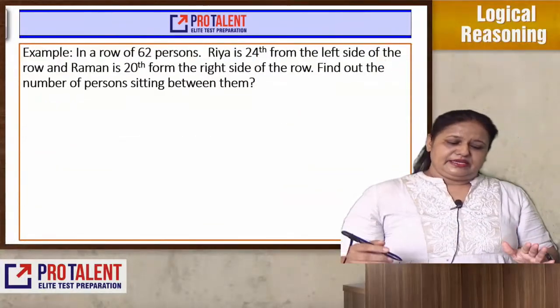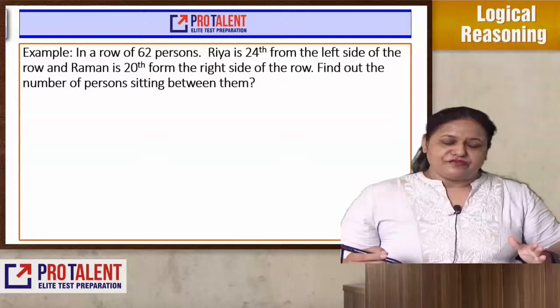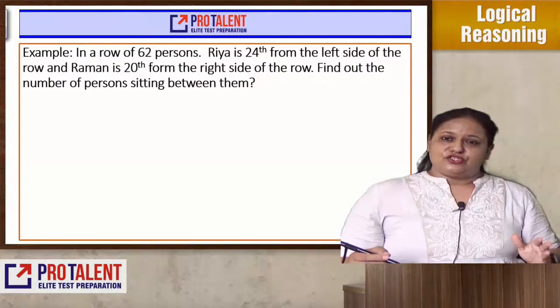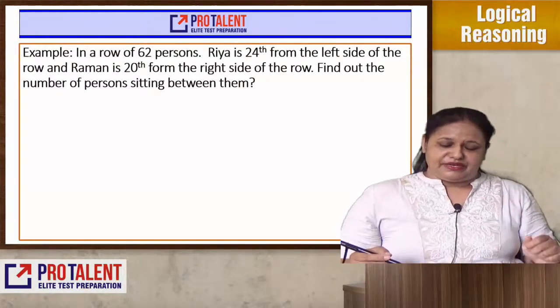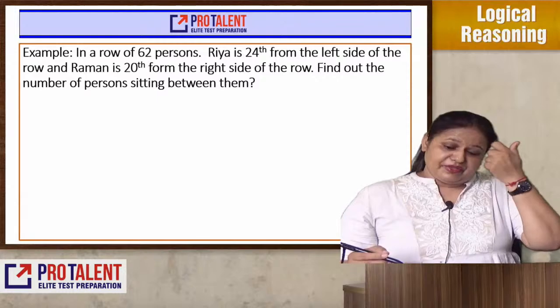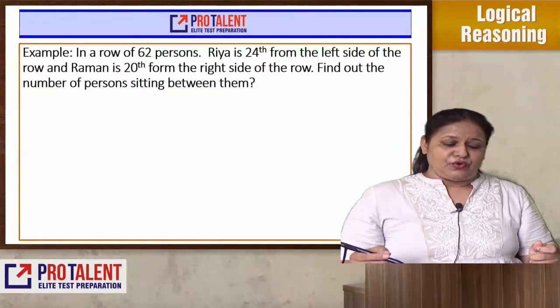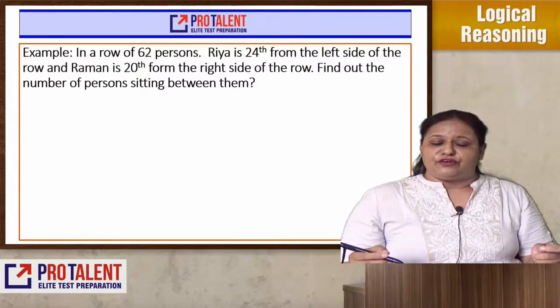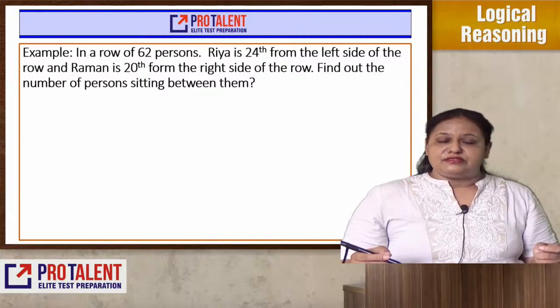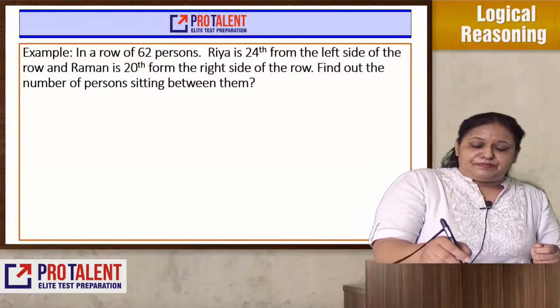Say in example, in a row of 62 persons, the total 62 is given. Ria is 24th from the left side of the row and Raman is 20th from the right side of the row. Find out the number of persons sitting between them. So it is between them.